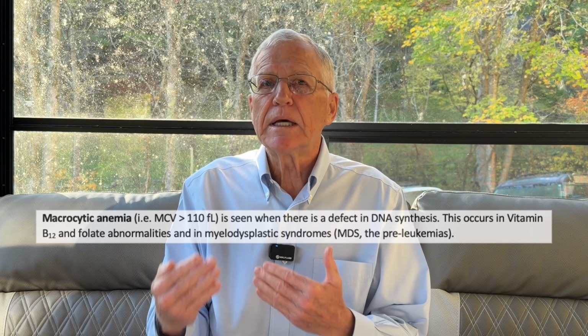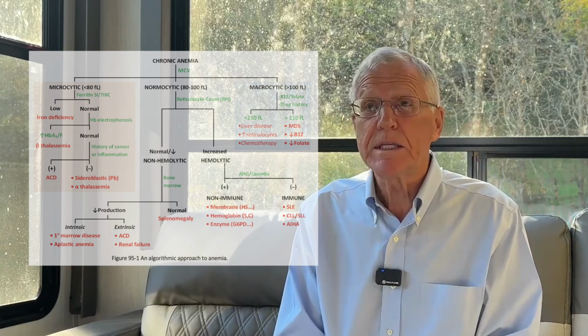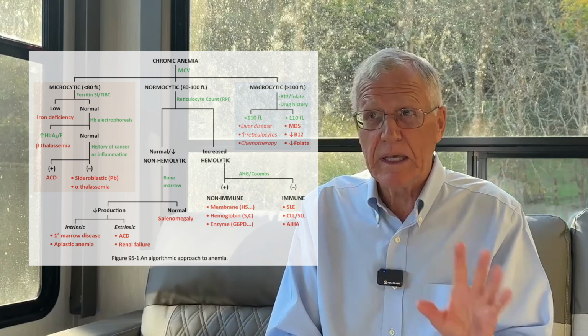So once you have this idea that large is DNA, you're set to go. So just think about how powerful this is. I've taken your anemias and I've taken it into perfectly pathophysiologic bite-sized pieces with one concept, small, normal, big. A great algorithm does that. And we can follow down the algorithm. Trust me, you want to go to the book, you want to get that algorithm, and you're going to know that.